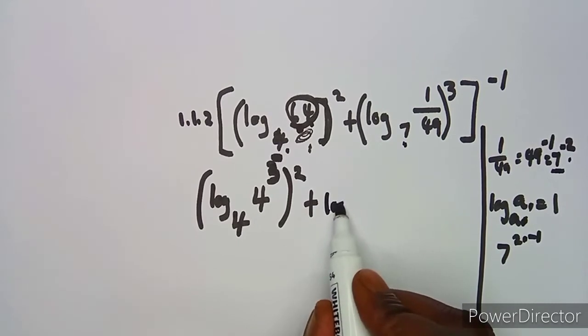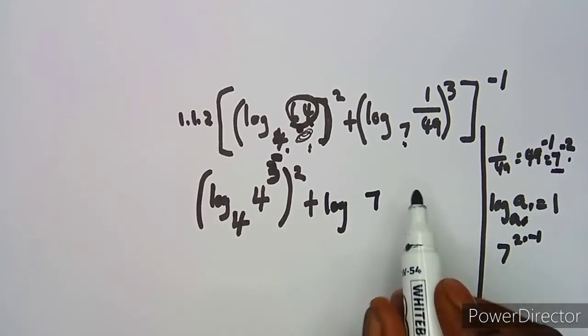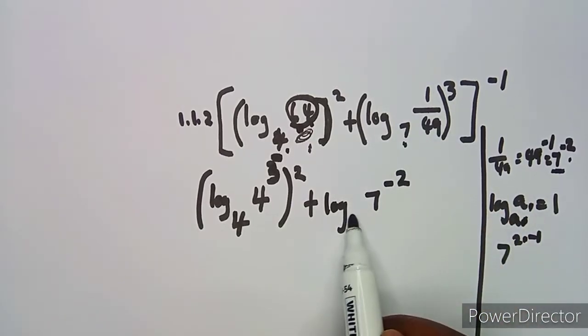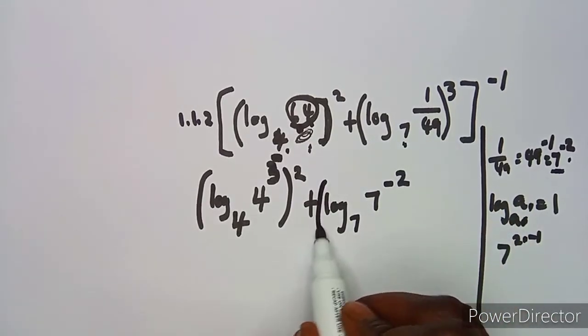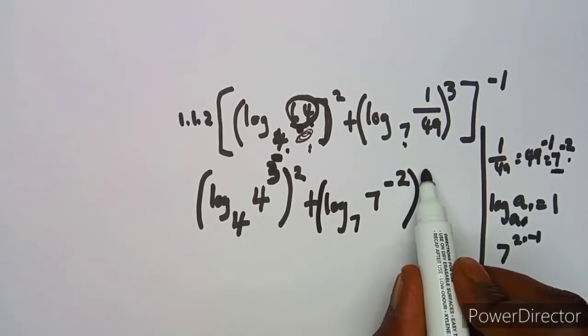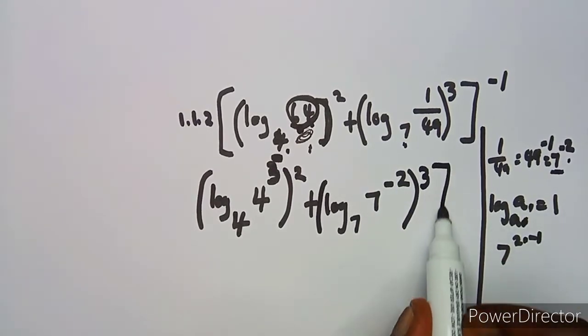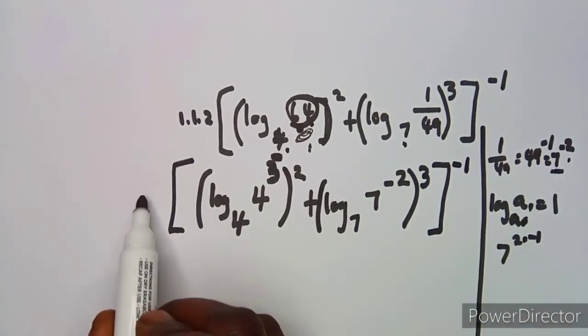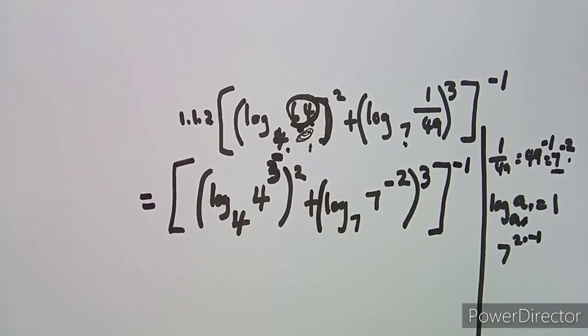So it's going to be log 7 to the exponent of -2 in place of 1 over 49 in base 7, but everything to the exponent of 3 and everything to the exponent of -1. So it's another stage that we have completed.